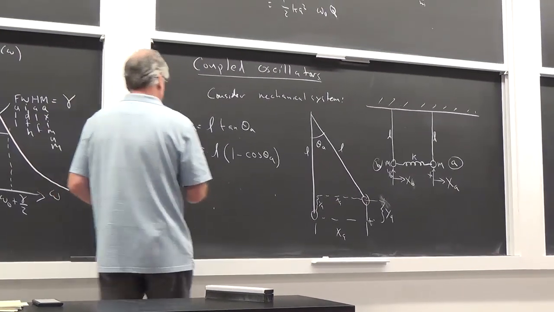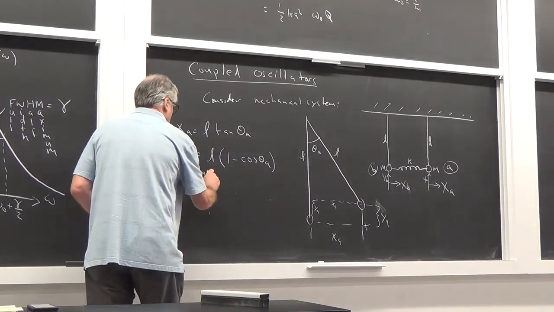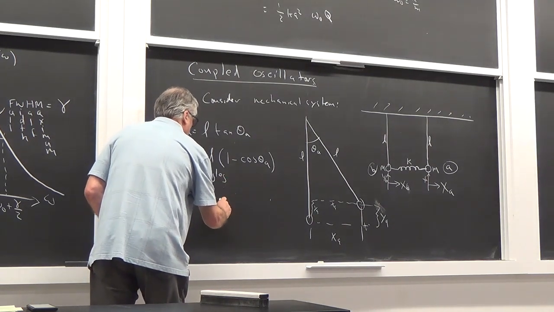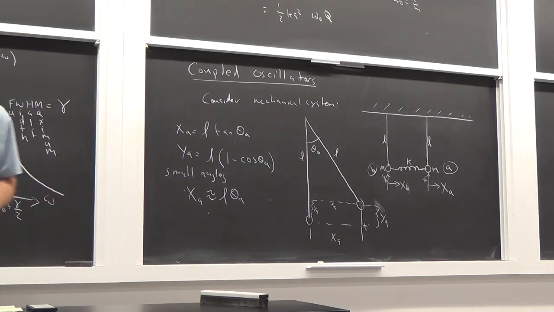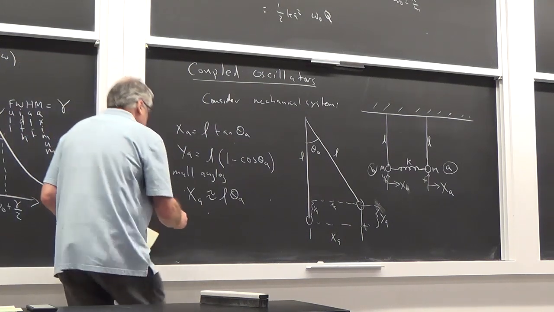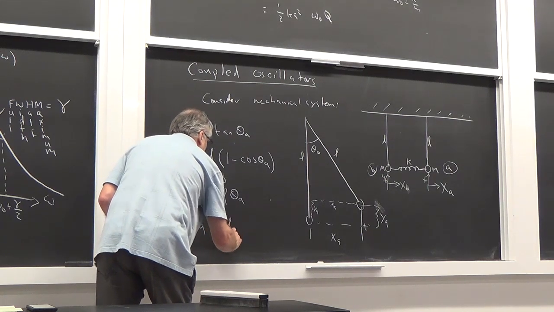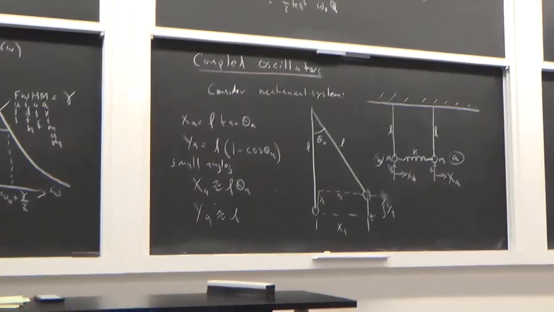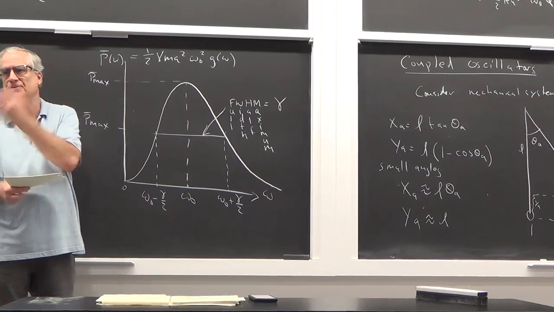So if I consider small angles, so small motion, then x sub A is approximately L times theta sub A, since the tangent for small angles is about the same as the angle. And y sub A is approximately L times, well, if you take the Taylor series expansion for cosine theta A, it goes like 1 minus theta squared over 2 plus theta to the fourth over 4 factorial and so forth.